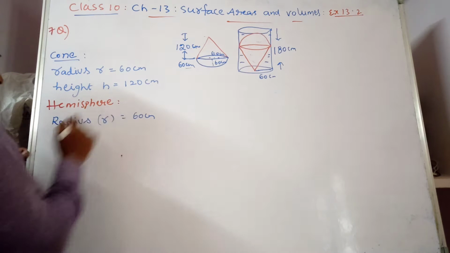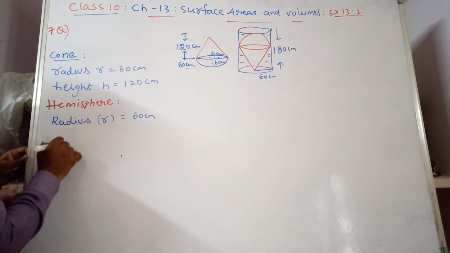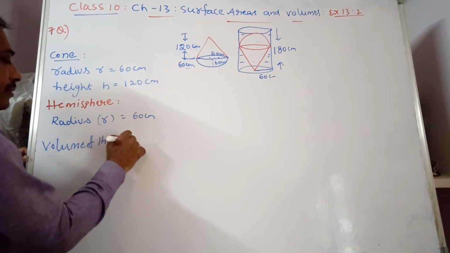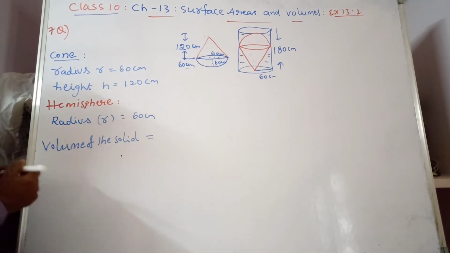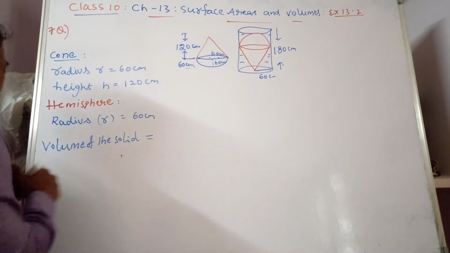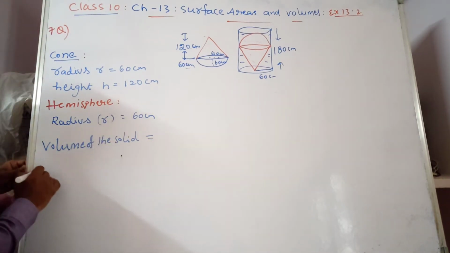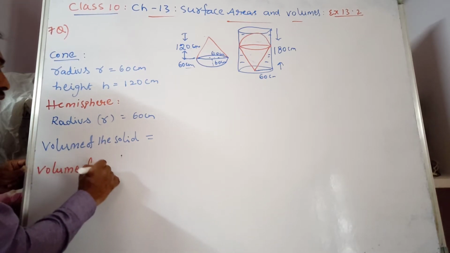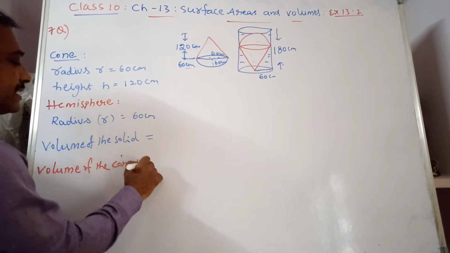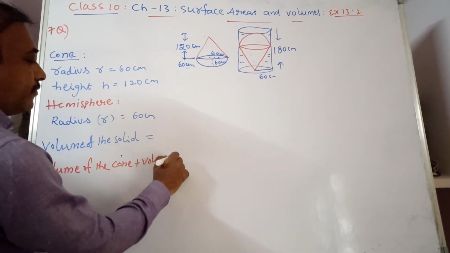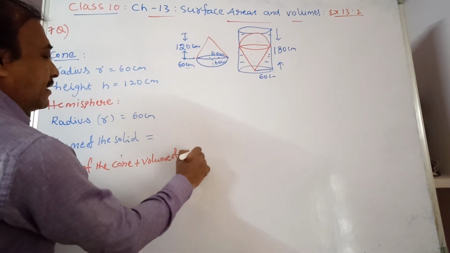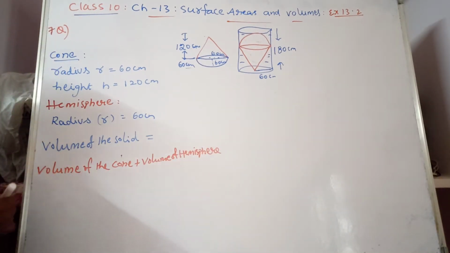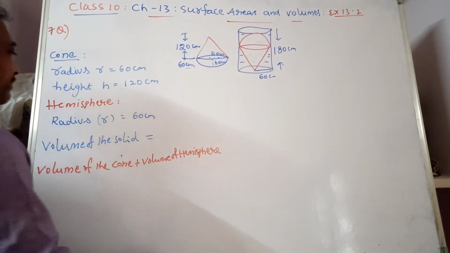So volume of the solid is equal to volume of the cone plus volume of the hemisphere.